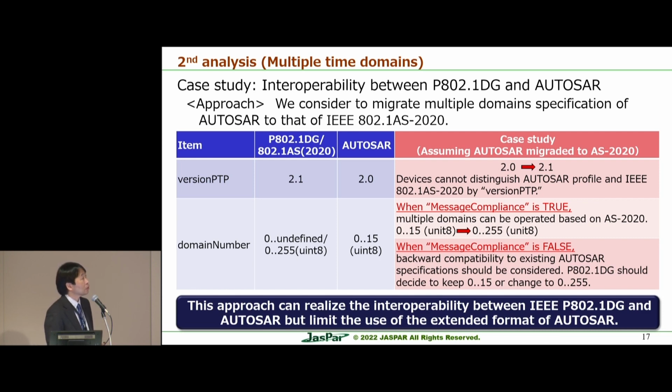When the message compliance is false, backward compatibility to the existing specification should be considered. So .1DG should decide to keep 0 to 15 or change to 0 to 255. So this approach can realize the interoperability between .1DG and Automotive, but limits the use of the extended format of Automotive.